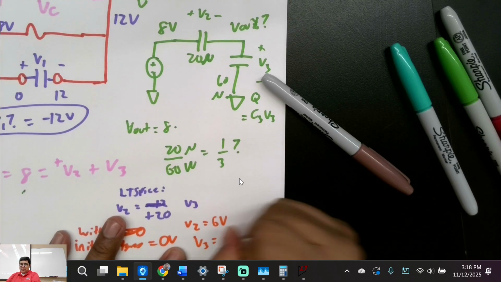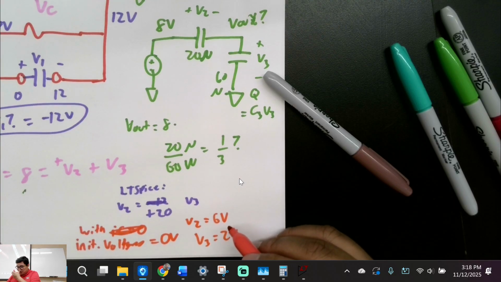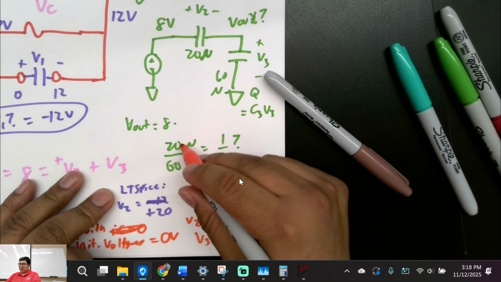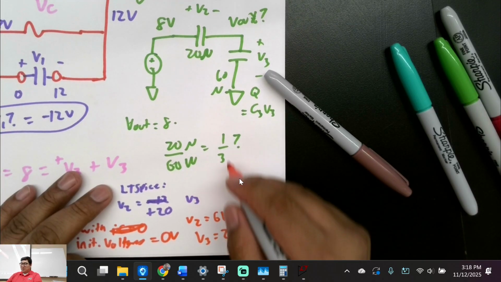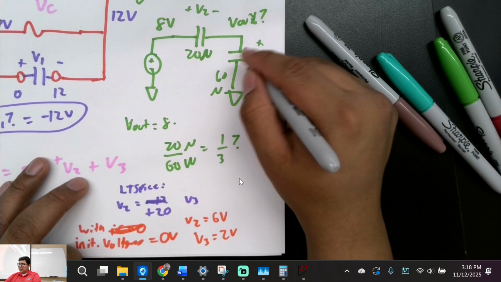And V3 was equal to 2 volts, right? And then our gentleman said, oh, is it going to be 20 over 6? Right? We got 1/3, right? I think that's what I'm trying to think about.